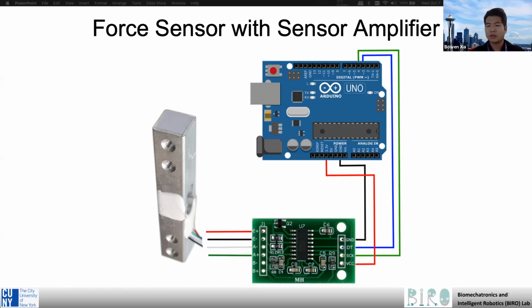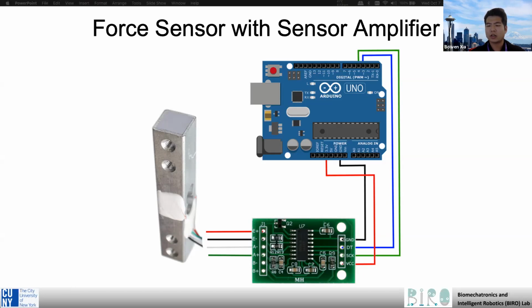Typically, several of these resistors are connected to a special electric circuit called a Wheatstone bridge that allows precise measurement of changes in electric resistance. The output voltage of this circuit changes when the resistors change.